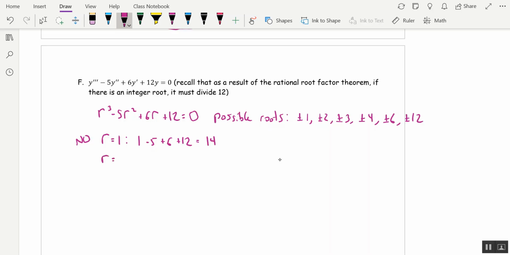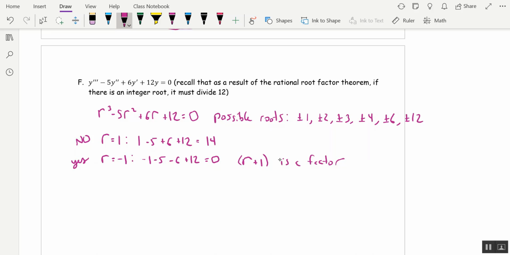So let's try the next smallest one, which would be negative 1. We get negative 1 minus 5 minus 6 plus 12. Yes, that equals 0. So if negative 1 is a root, r minus negative 1, which is r plus 1, is a factor. So keep in mind that r equals negative 1 is a root.